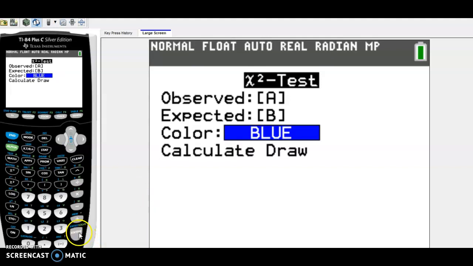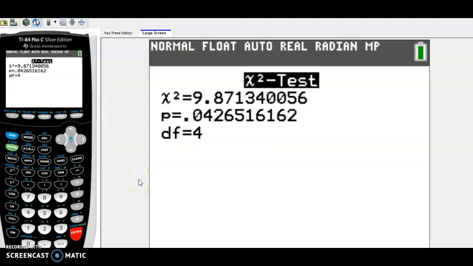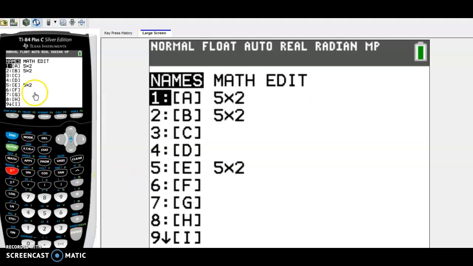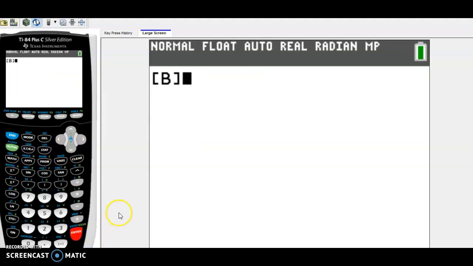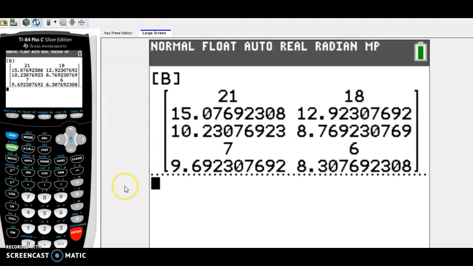So whenever I hit calculate to get my test statistic and p-value, 9.87 for my test statistic and that p-value of about 4%, this is going to, when I go back to my matrices, generate for me this 5 by 2 matrix that's here. And so if I take a look at my 5 by 2 expected counts, I can see that all of these counts are in fact at least 5.